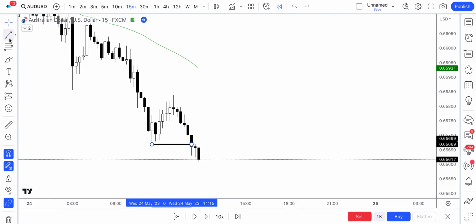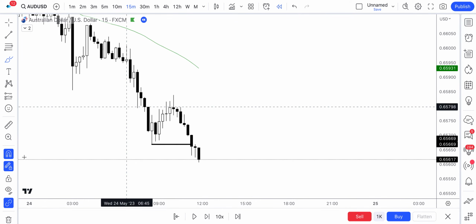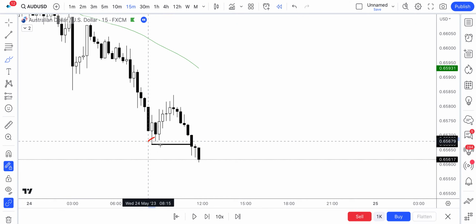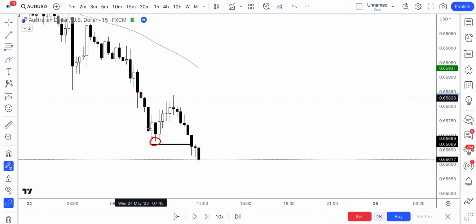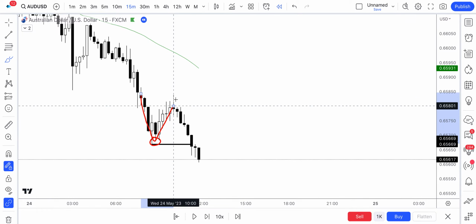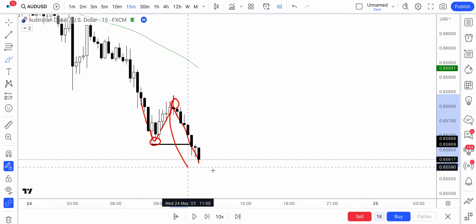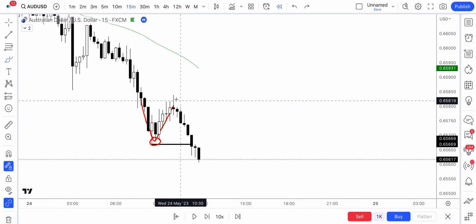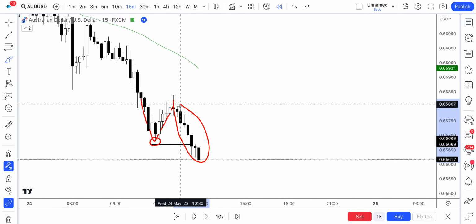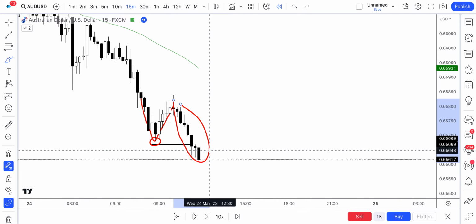The reason we've broke structure to the downside is because we have a low in the market, followed by a lower high, followed by a strong break to the downside, indicating that sellers are clearly in control of this market. Because if you look here, there's consecutive strong selling candles, bearish candles, indicating strong bearish momentum to the downside.